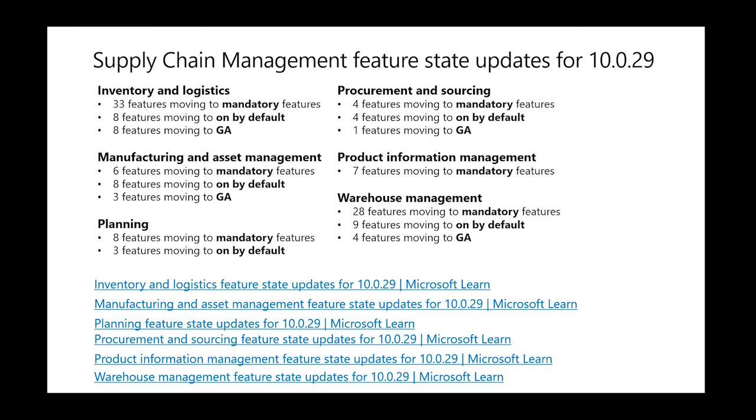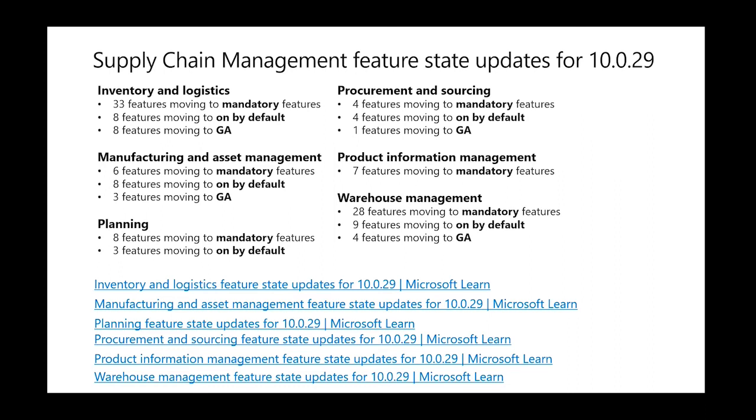And then after a period of time, moving from general availability, where the feature is available but not activated, it moves to an on by default state, meaning if you don't manually disable it, it will be on. And then eventually, after it's been in the on by default state for a while, it will move to a mandatory state.